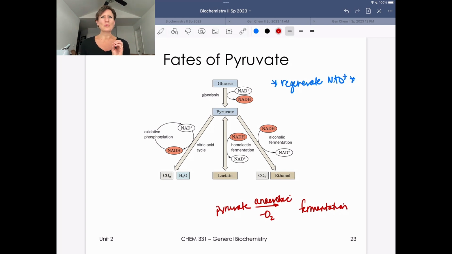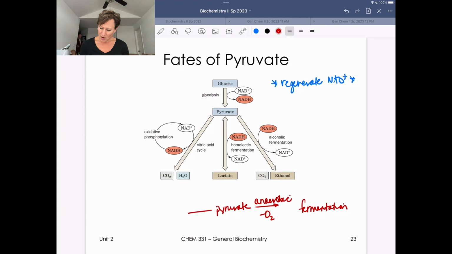There are actually two fermentation processes highlighted here. Homolactic, that is the one we do, homolactic fermentation, and then alcoholic fermentation. We'll differentiate how these both do the same process, but through different mechanisms. And again, alcoholic fermentation is not something that we are able to do.